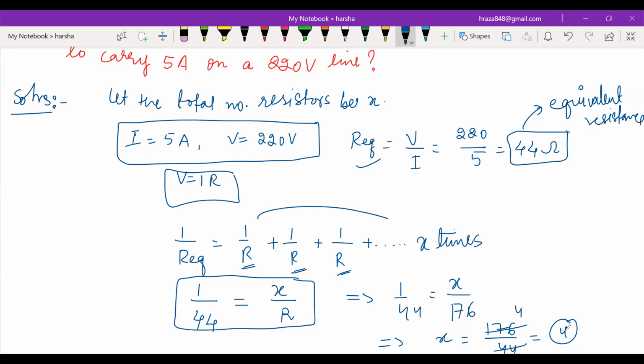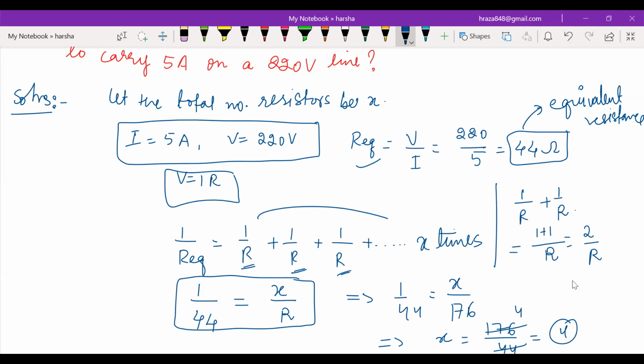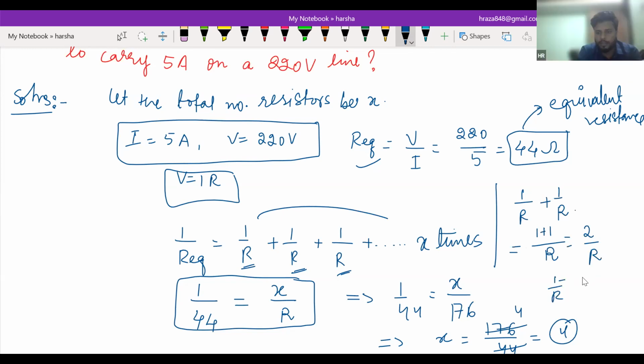Sir, why would it be X by R? Just see, if I write 1 upon R plus 1 upon R, two times, what will it be? You will take LCM R and it will be 1 plus 1, so it will be 2 by R, right? Yes, sir. If it is three times, 1 upon R plus 1 upon R plus 1 upon R, it will be 3 by R or not?